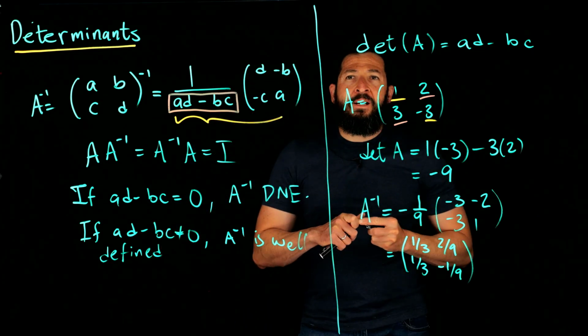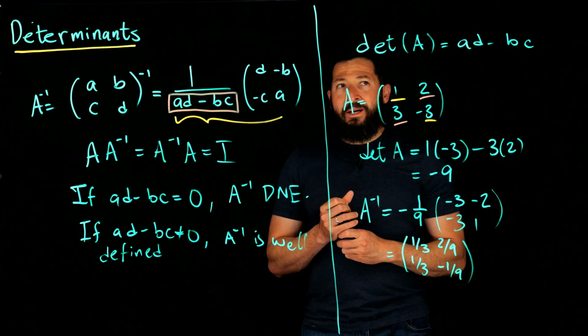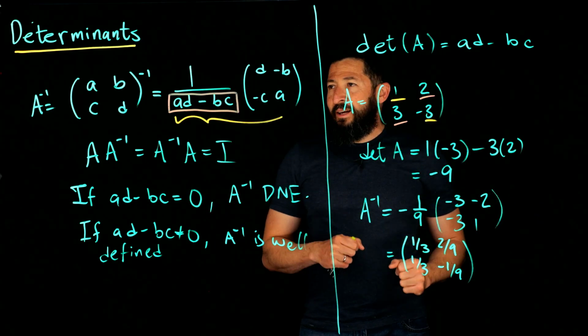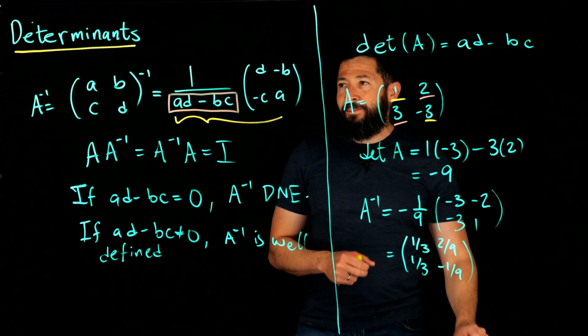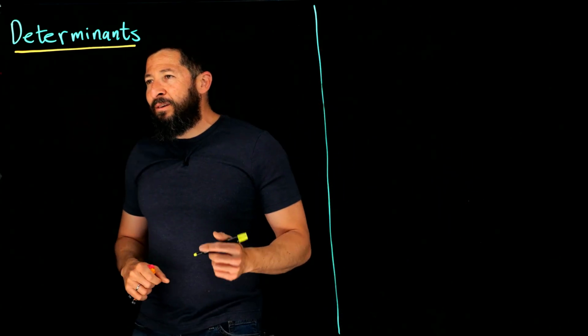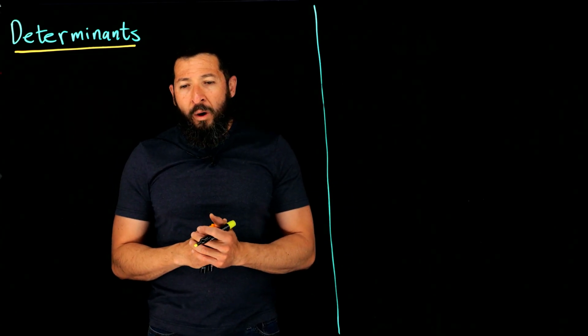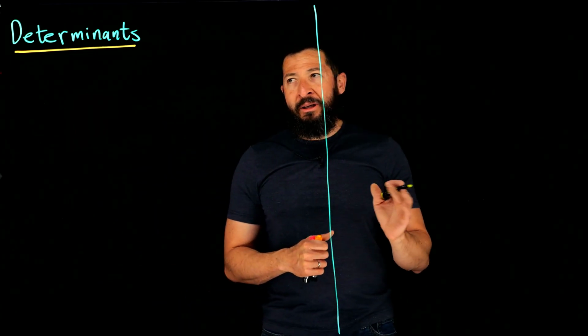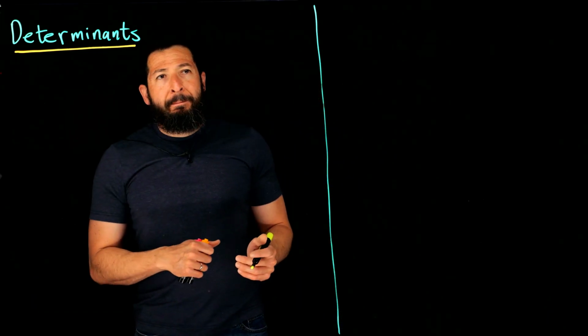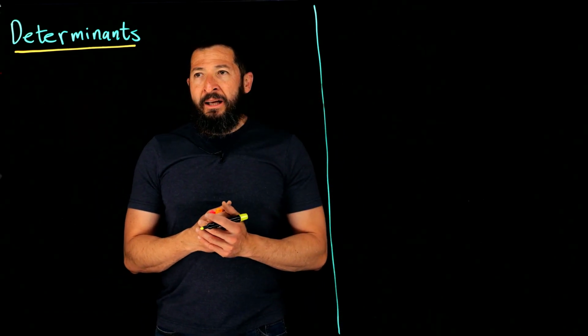So the question is, how do we go up to 3 by 3? I'm going to erase this, and I'm going to come back and we're going to talk about that. All right, so now for 3 by 3, I can give you an explanation as to how or why we would define the determinant in the way that we'll do it. But that takes a long time, and I do it in class.